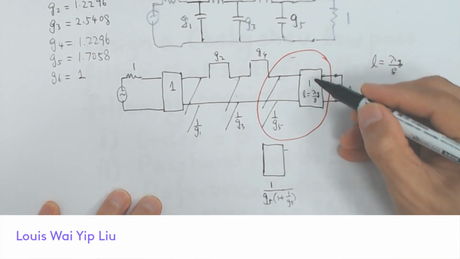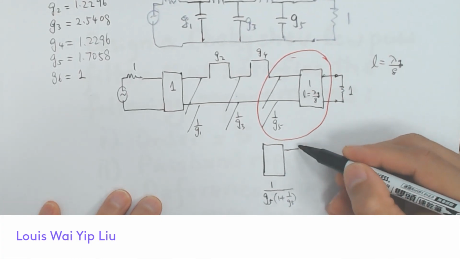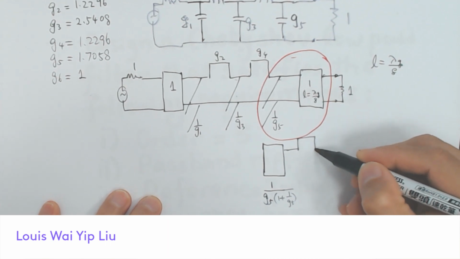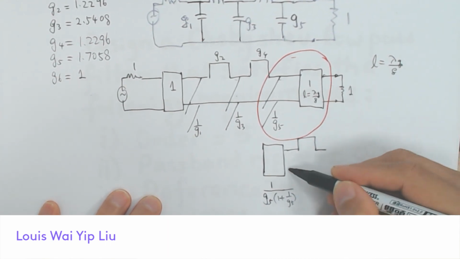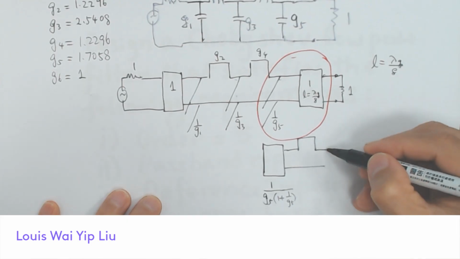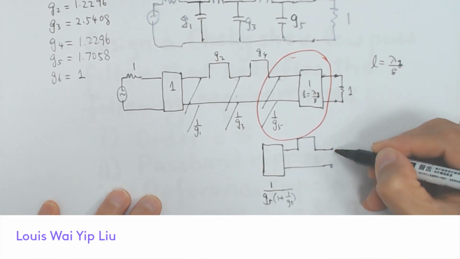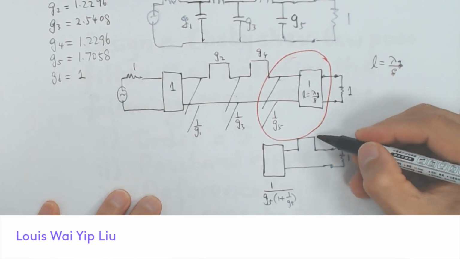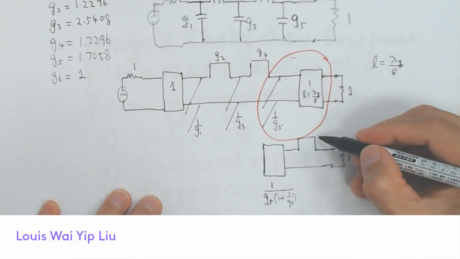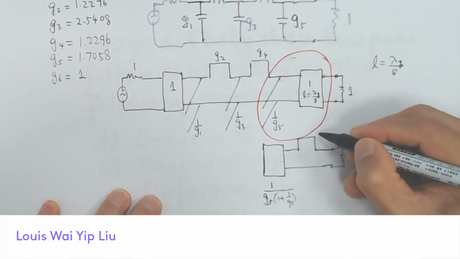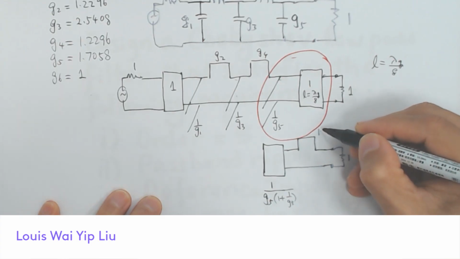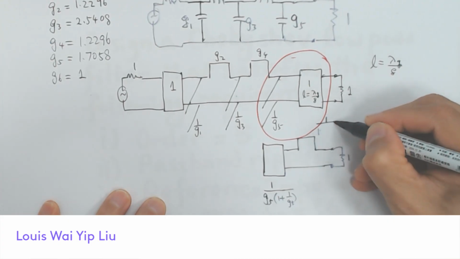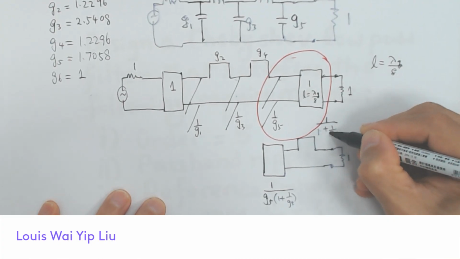And this one here will become an inductor, a short circuit stub. The characteristic impedance for this one is going to be 1 plus 1 over G5.